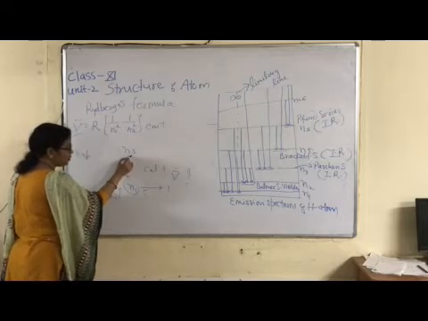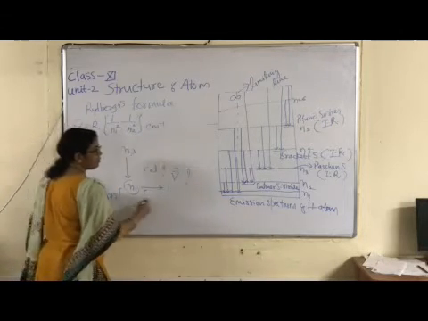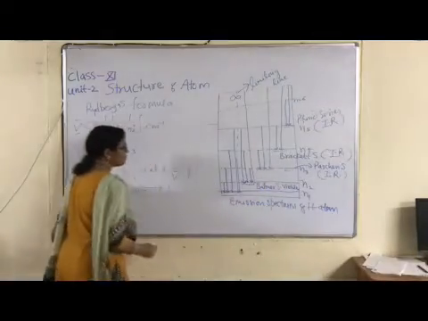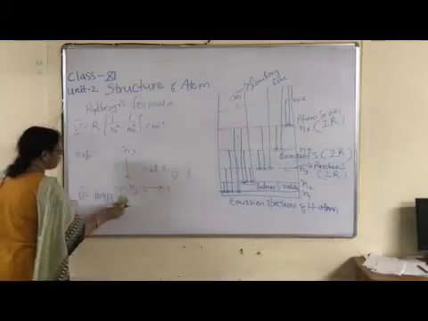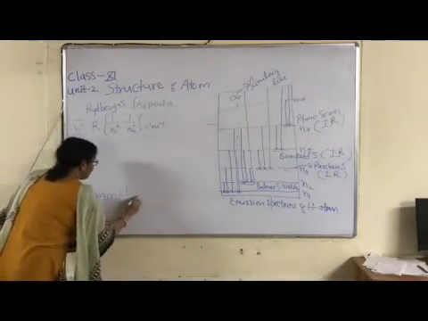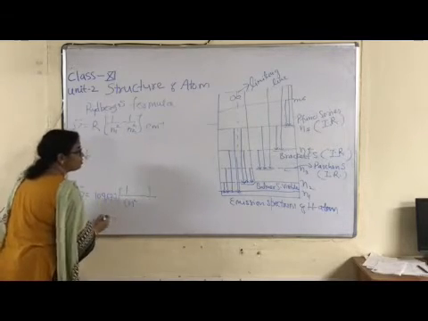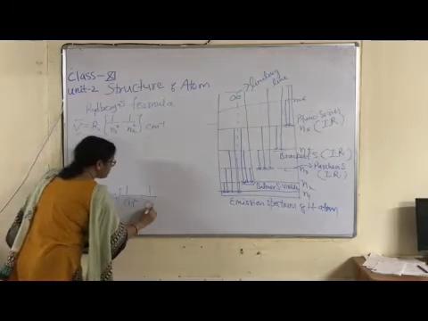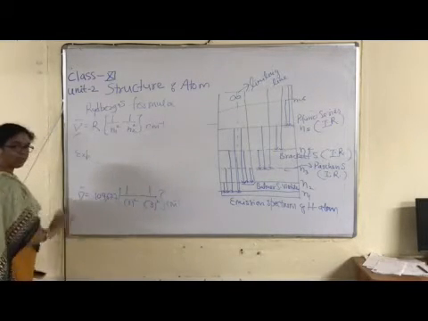And about N2, what is its value? 3. Number of energy level is equal to 3. Then how will you calculate this wave number according to this problem? 1 upon 1 square minus 1 upon 3 square. Third energy level, it means 3. Right? In terms of centimeters, we can calculate it.